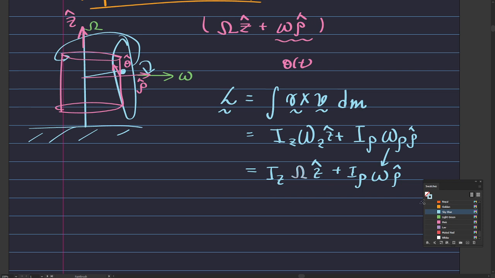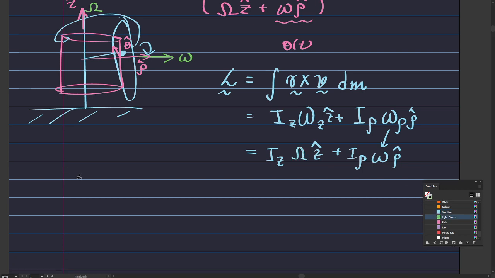This quantity is given to be capital omega k cap. Now, what would be this quantity? This is the axis of z direction. The wheel is rolling like this.